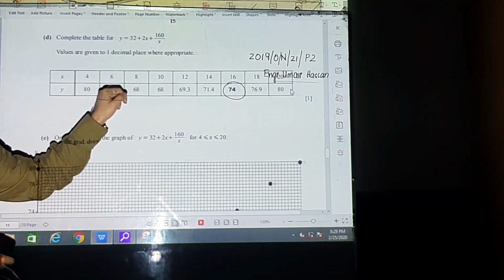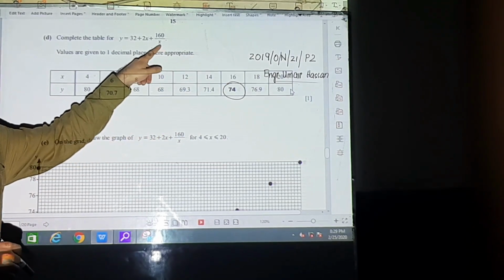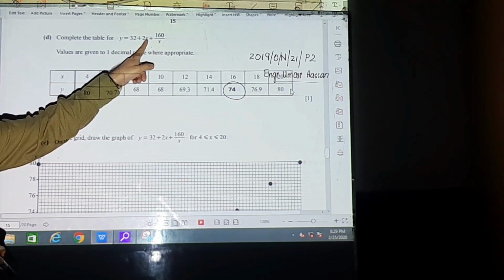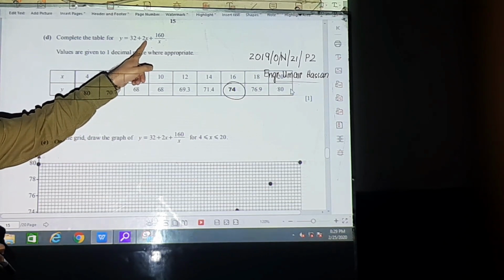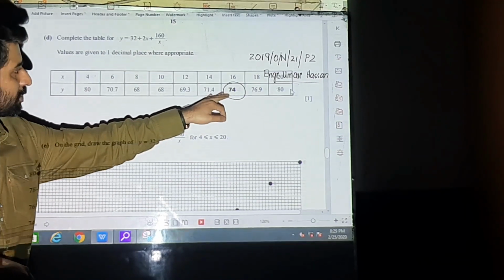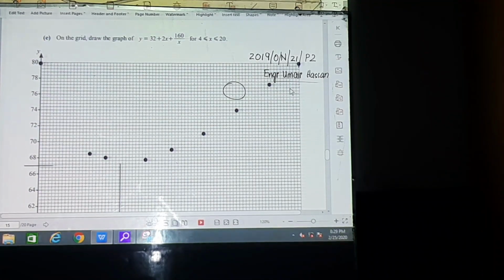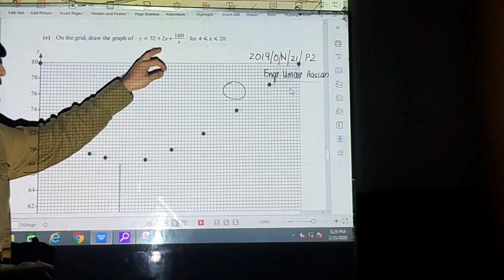You know the value of x, and x is 16 over here. So use x equal to 16, where x needs to be replaced by 16, and you will get y equal to 74.